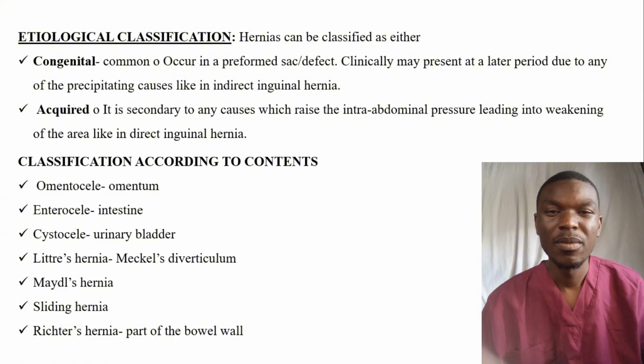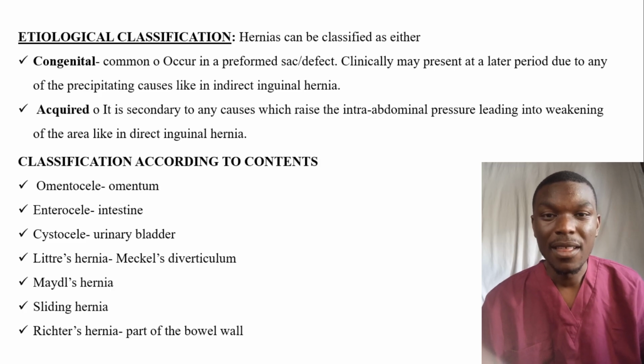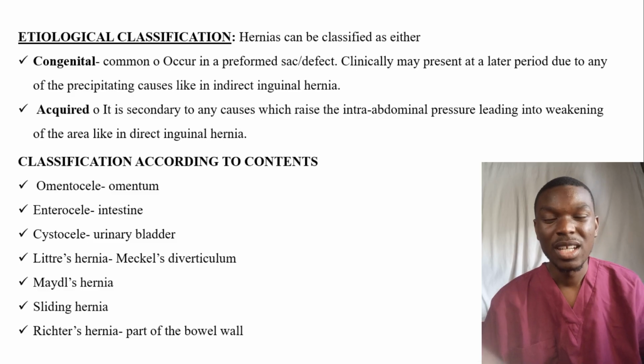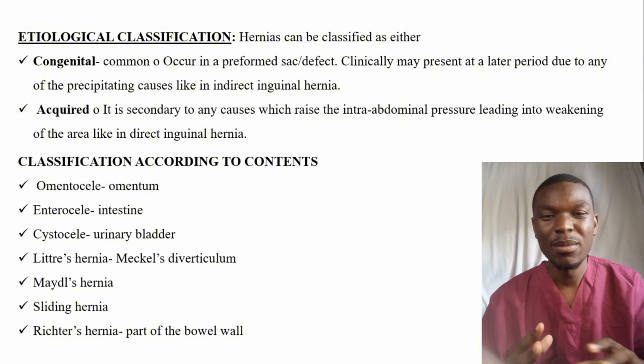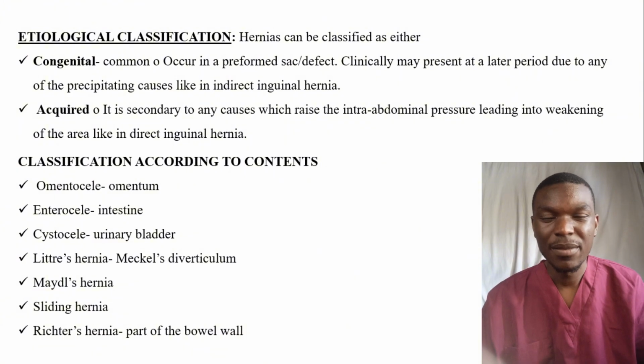And with time, they have that bulging or protrusion of intestines. And then acquired, there's no weakness or defect in the abdominal wall, but because of those causes that we mentioned, that cause increased abdominal pressure, with time, they develop the hernia.